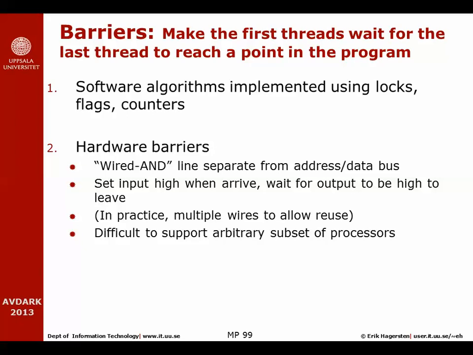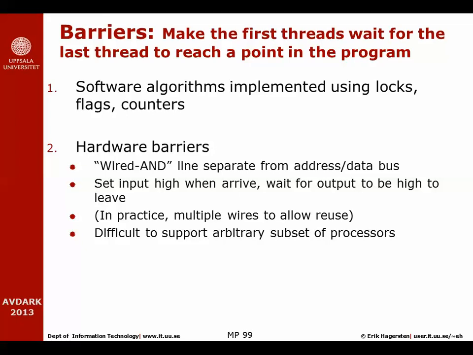This can be implemented with a physical gate, as I told you, but also it can be implemented by a special wire called a wired AND that behaves as if it was one giant AND gate. It's very quick, very fast to react on this.